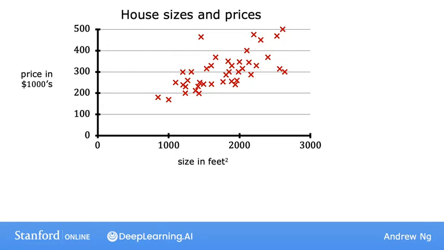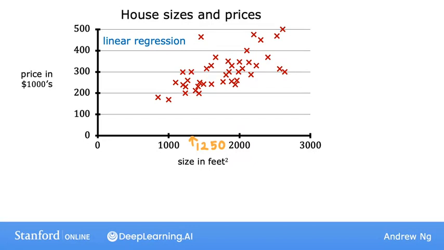Now, let's say you're a real estate agent in Portland and you're helping a client sell her house. And she's asking you, how much do you think you can get for this house? This dataset might help you estimate the price she could get for it. You start by measuring the size of the house, and it turns out that her house is 1,250 square feet. How much do you think this house could sell for? One thing you could do is build a linear regression model from this dataset.